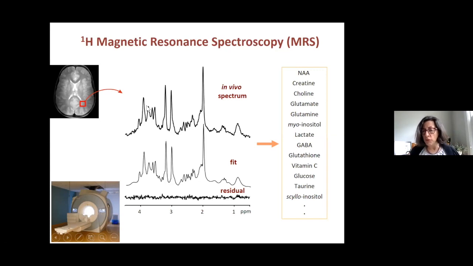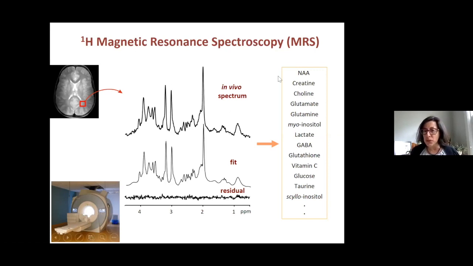This is a 4 Tesla proton spectrum that has signatures of a list of neurochemicals that are concentrated enough to give an MR signal. So each of these peaks comes from a different neurochemical.